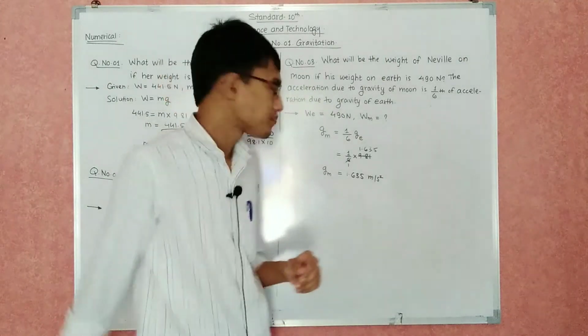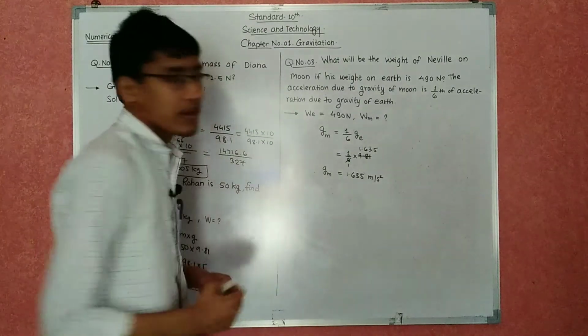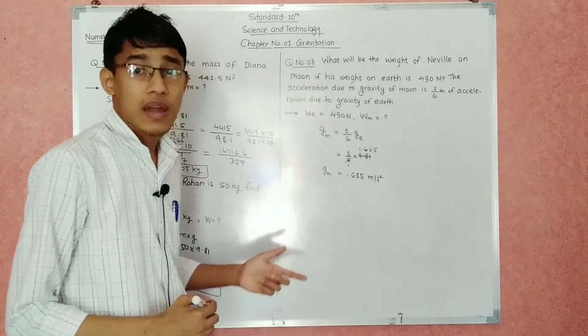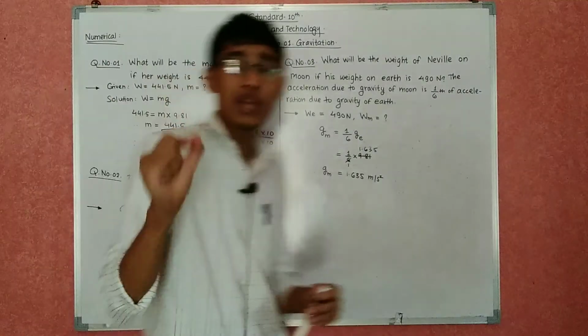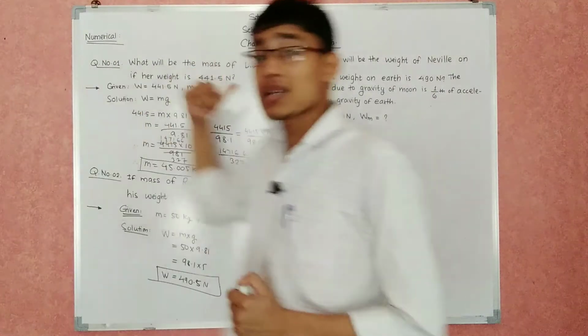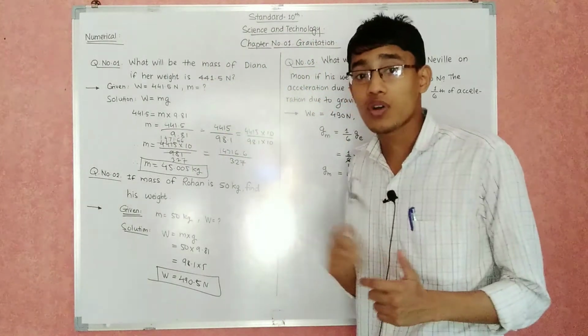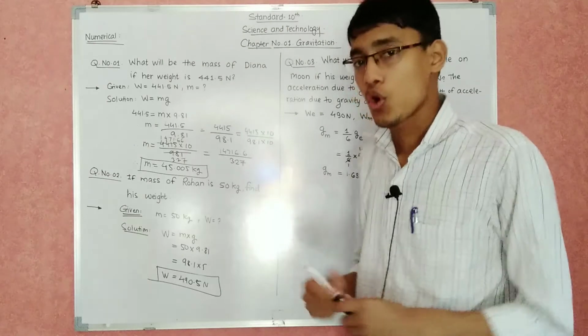Now, by using this term, we are going to find the weight on Moon. But before that, we know the formula of weight is mass into acceleration due to gravity. Now, mass is not given in this particular question. So first we have to find the mass.